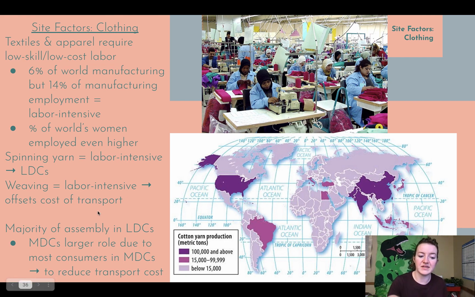The majority of assembly is in LDCs for this reason. MDCs have a larger role due to most consumers in MDCs. And this, again, is used to reduce transportation costs. So when we see this stuff happening in MDCs, it's because most of the consumers are there.